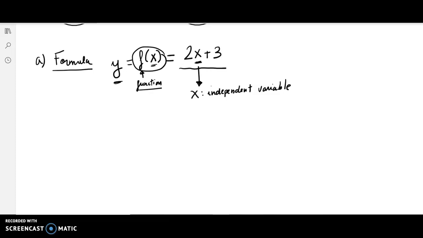This y is the result of the operation, and this output is going to depend on the independent variable, on the number that you are putting in the x. So the y is called dependent variable.